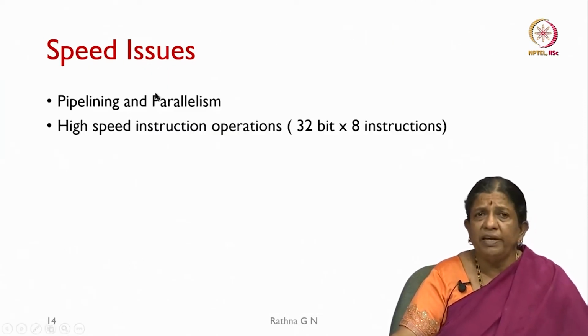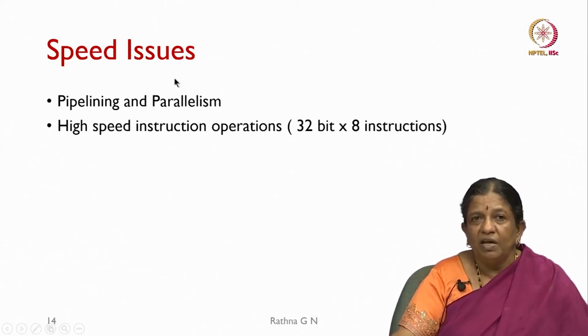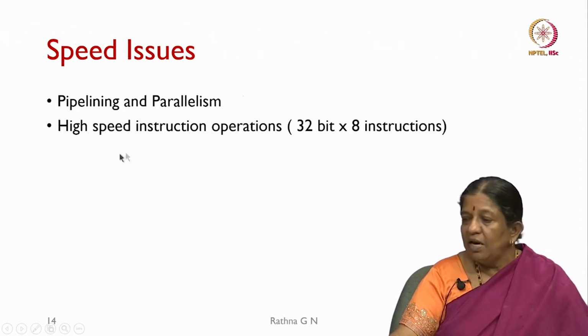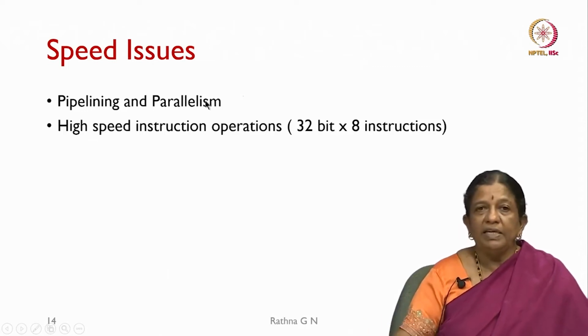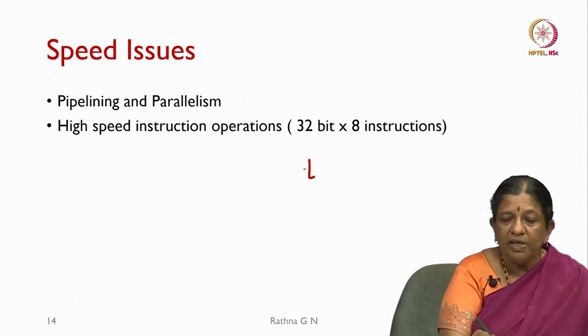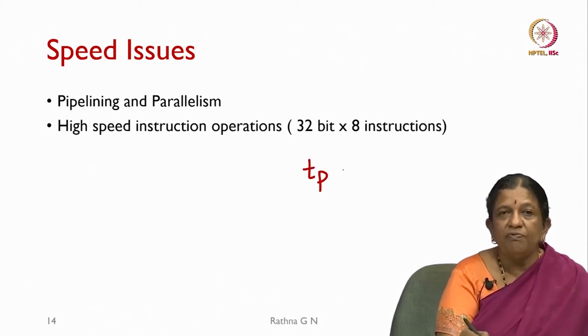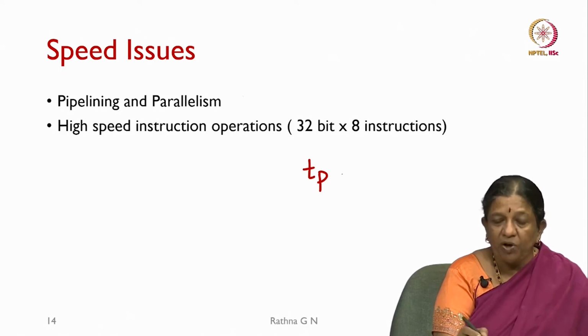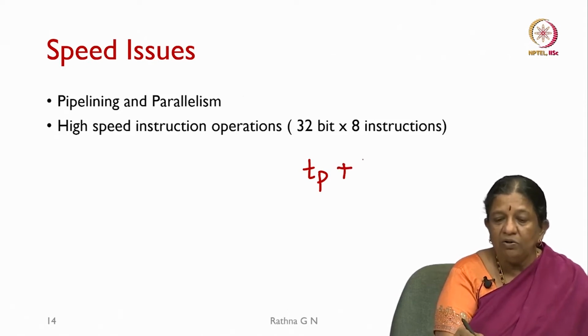Coming to the next thing we have to worry about, the speed issues. Why do I need the speed part? I know that TP is my processing time for any processor, and then I have to allow for some IO operations.